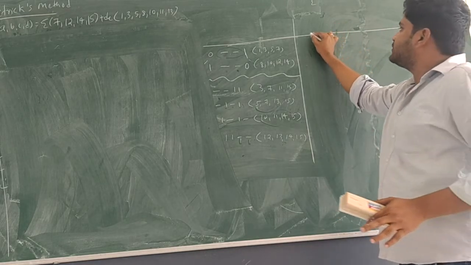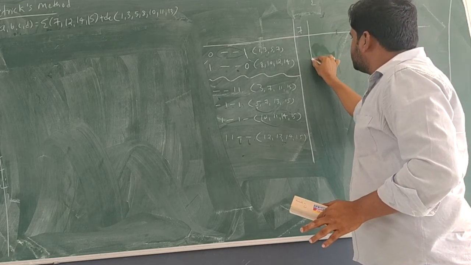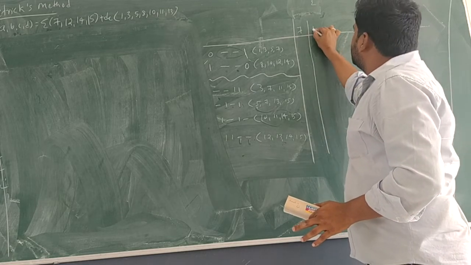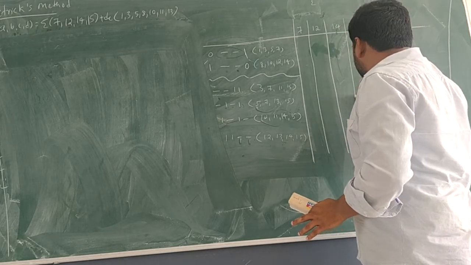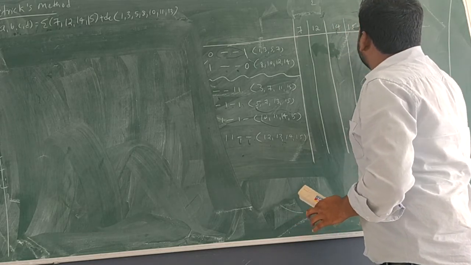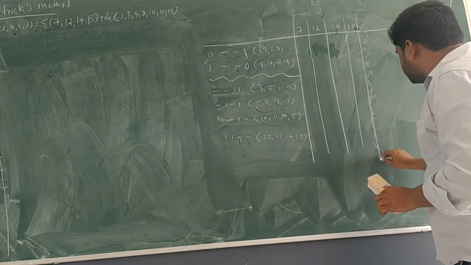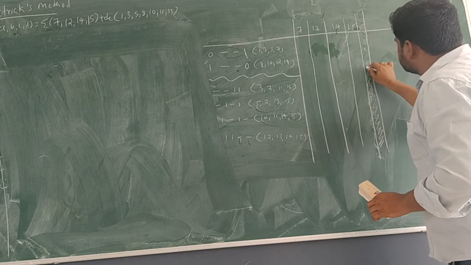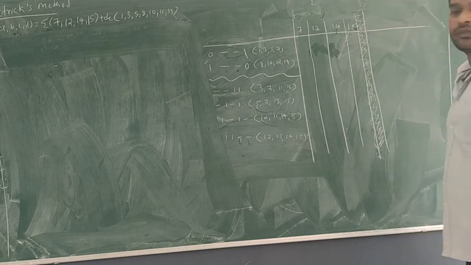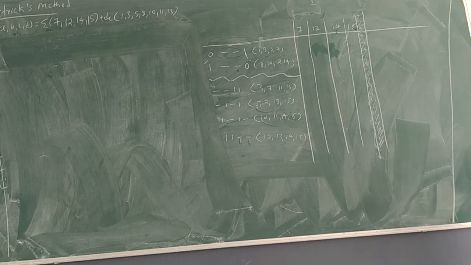So what is the summation? 7, then 12, then 14, then 15. Next, here I will write the DC set.